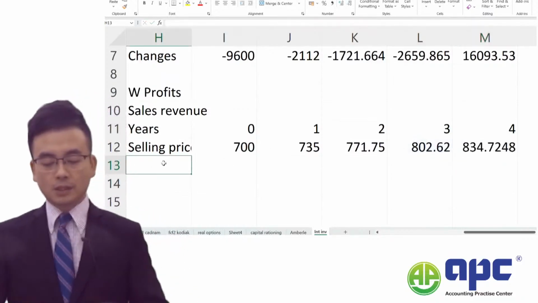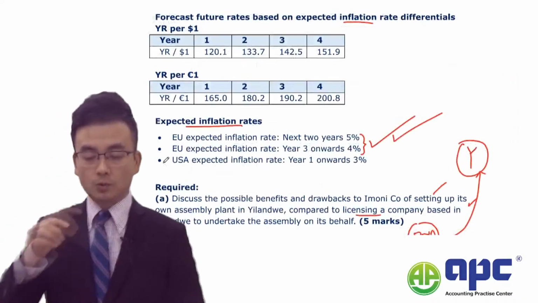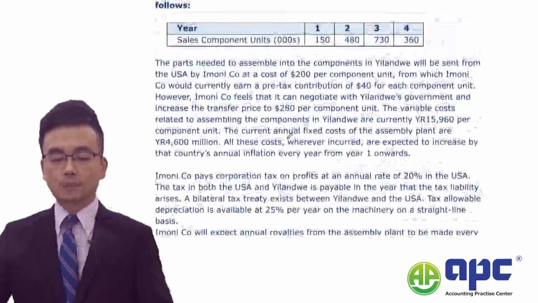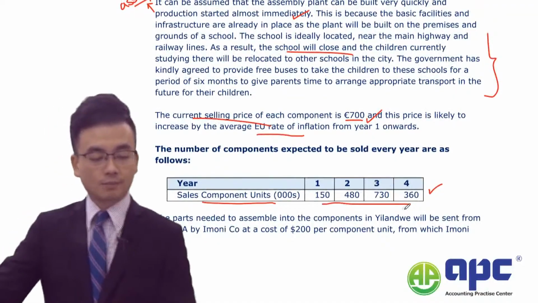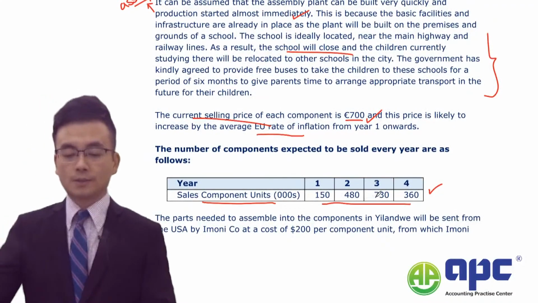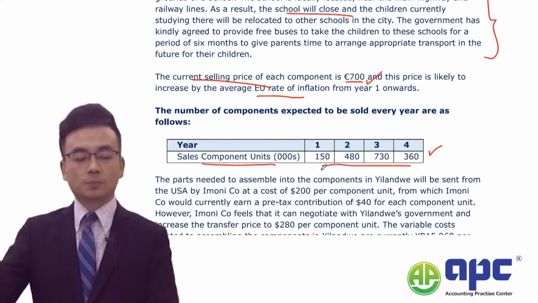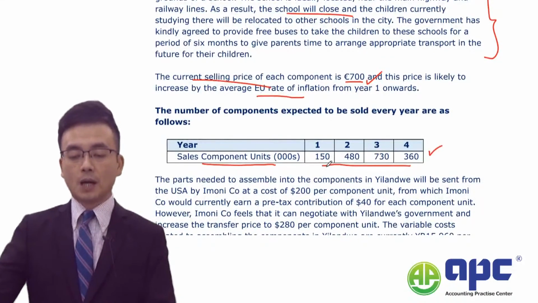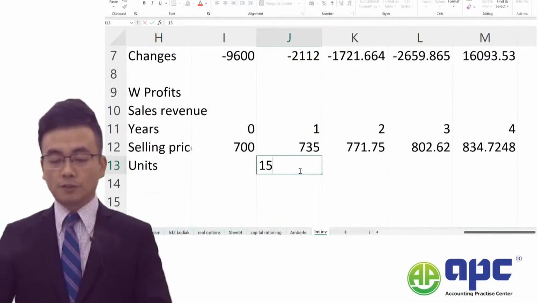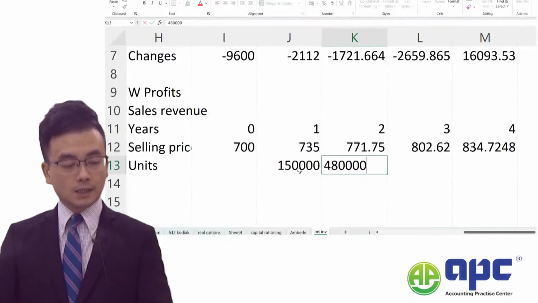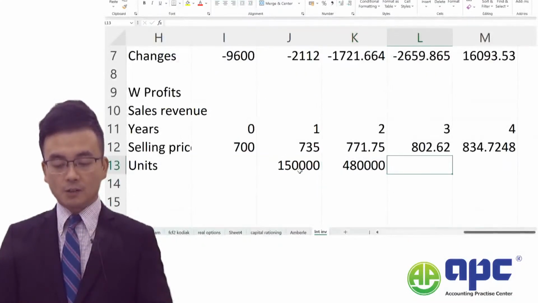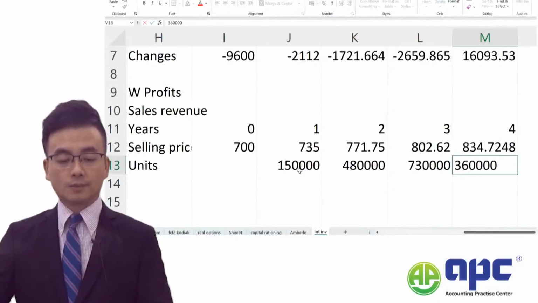Now after that, we need to see how many units we've sold after doing this project. We're estimating on the next paragraph that the sales component units will be all in thousands. Just put all the numbers in: 150,000, then 480,000, then 730,000, and then 360,000.